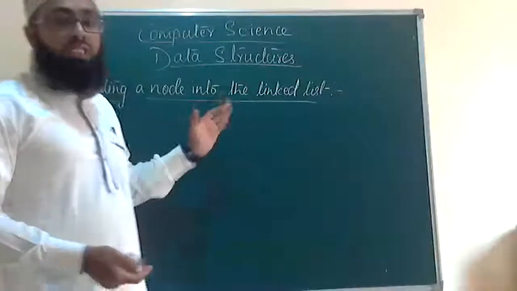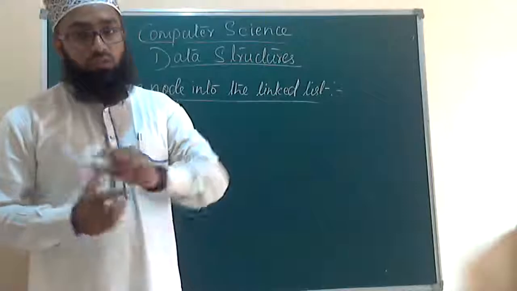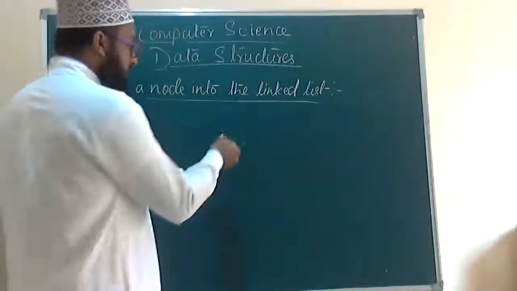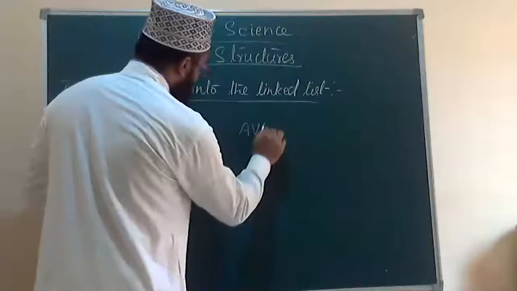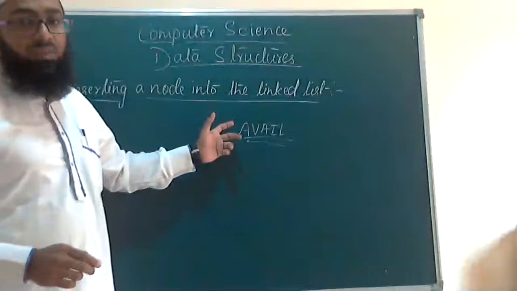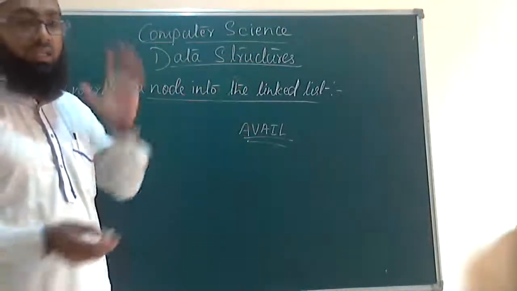Sometimes we want to insert a node into the linked list. At that time, only if a node is present in the avail list can we insert a node from avail into the linked list.